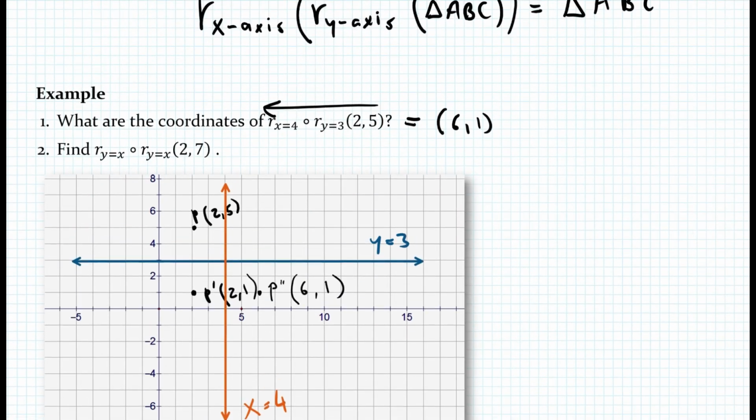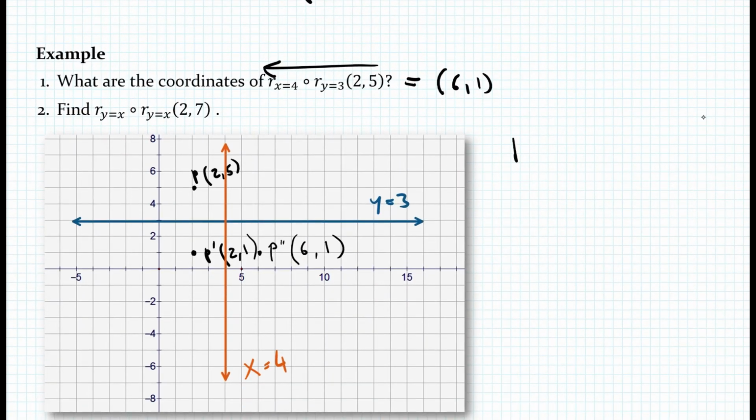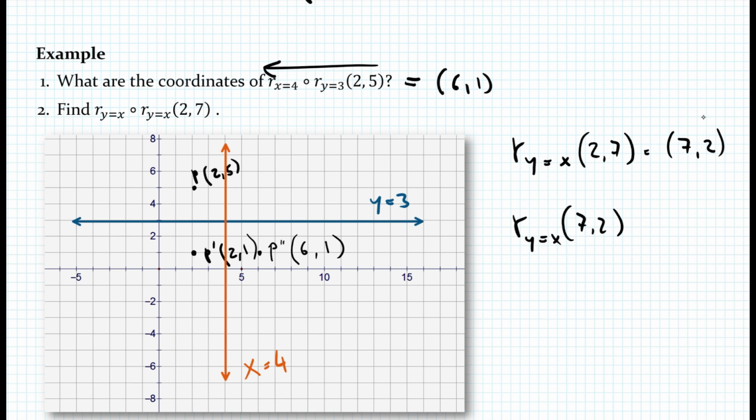So that means that the first transformation, let's write this here, y equal to x of point 2 comma 7 is going to be 7 comma 2, okay? Now we're reflecting that point 7 comma 2 over the y equal to x line again. And what happens here, we have to swap them again and we end up with 2 comma 7.